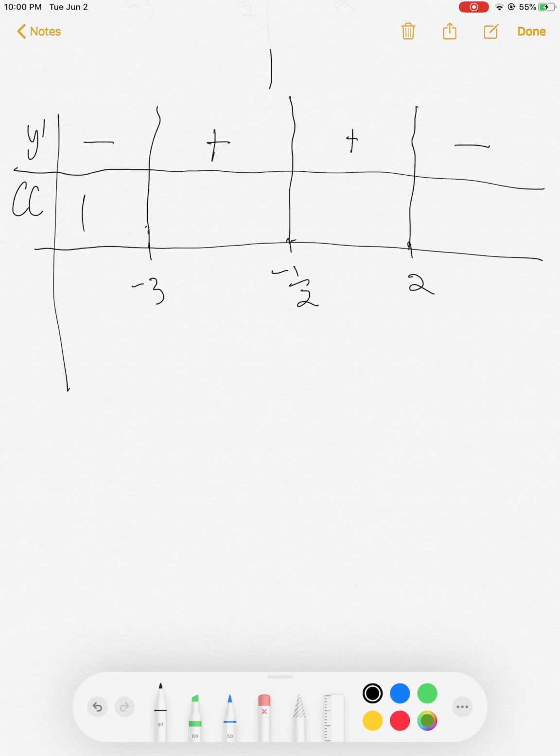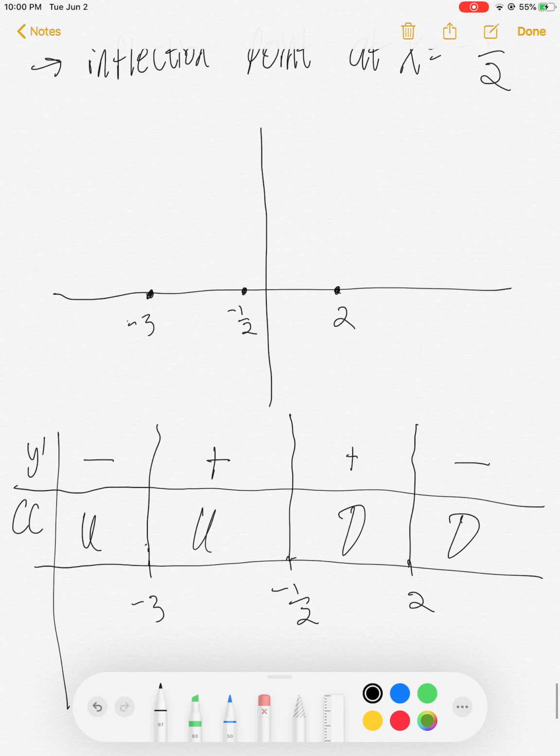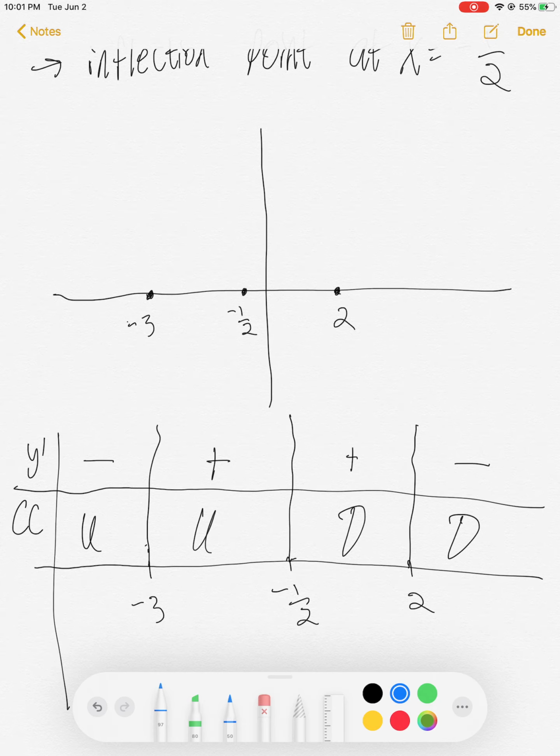And since x equals 2 is a local max, we know it's going to start to get smaller after x equals 2. In terms of concavity, it's concave up everywhere to the left of -1/2, and then down to the right of it.